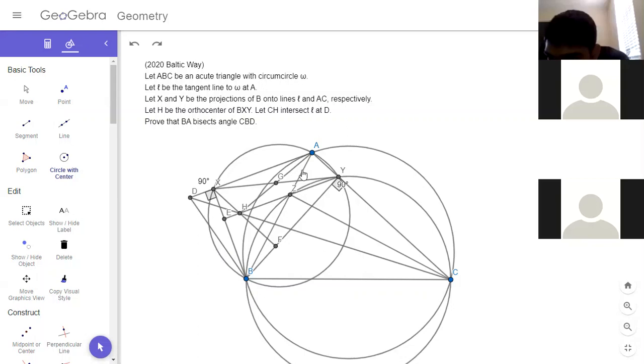Or in other words, if we could show this triangle is similar to triangle ABC, that would solve it. If T is the orthocenter, we need to prove that BDX is congruent to BTZ. If T is the orthocenter of what? Of ABC? Ah.